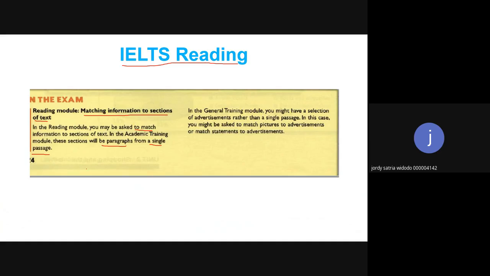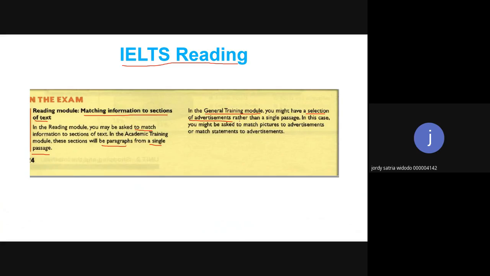And then in the general training module, you might have a selection of advertisements rather than a single passage. In this case, you might be asked to match pictures to advertisements or match statements to advertisements.